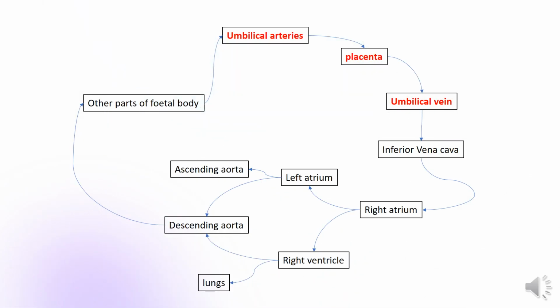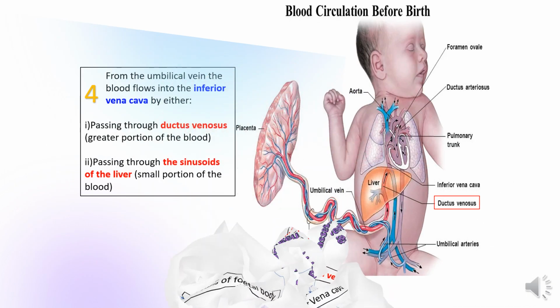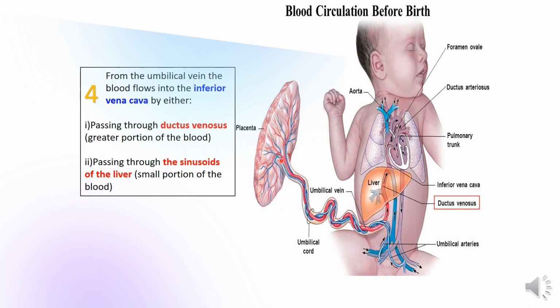From the umbilical arteries there is deoxygenated blood, and the blood flows in the placenta for the gases and nutrient exchange to occur, and after that oxygen-rich blood will be given back to the fetus through the umbilical vein. From the placenta to the umbilical vein, and now from the umbilical vein the blood flows into the inferior vena cava.